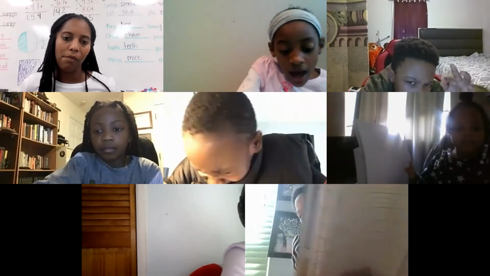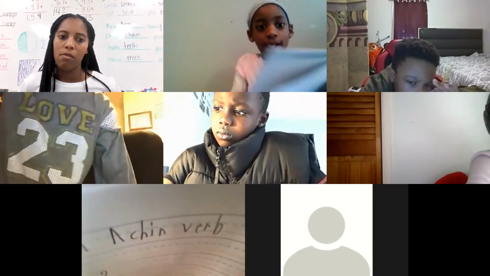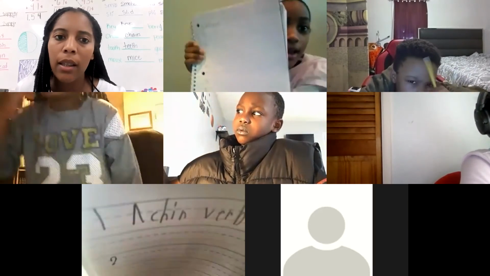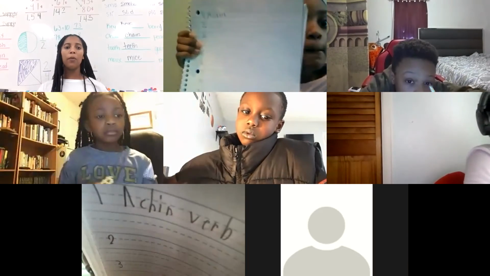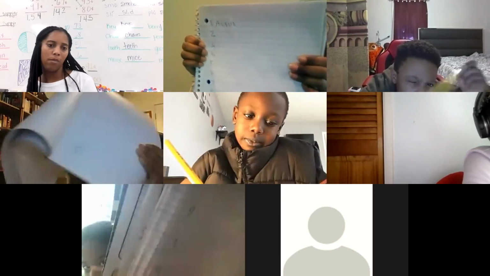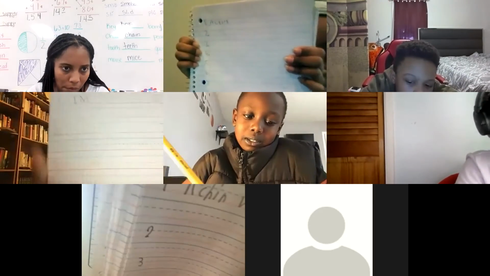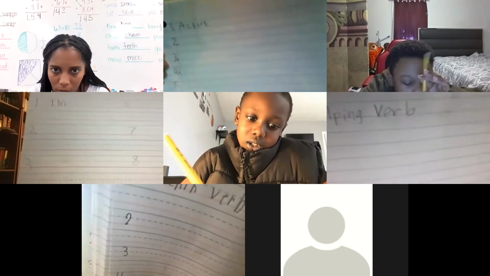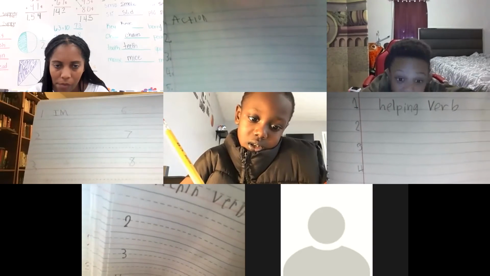Number 1, what type of verb is bake? Mom will bake a cake. Is it just me or all of our screens are black? Okay, let's see. I see 2 answers. Before I give it, come on. I can't know about this one. Well, I wrote helping verbs anyway.